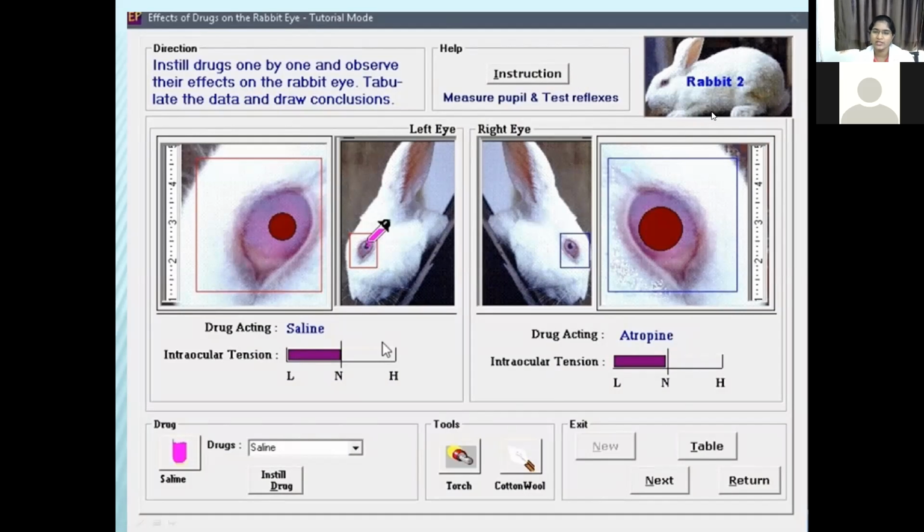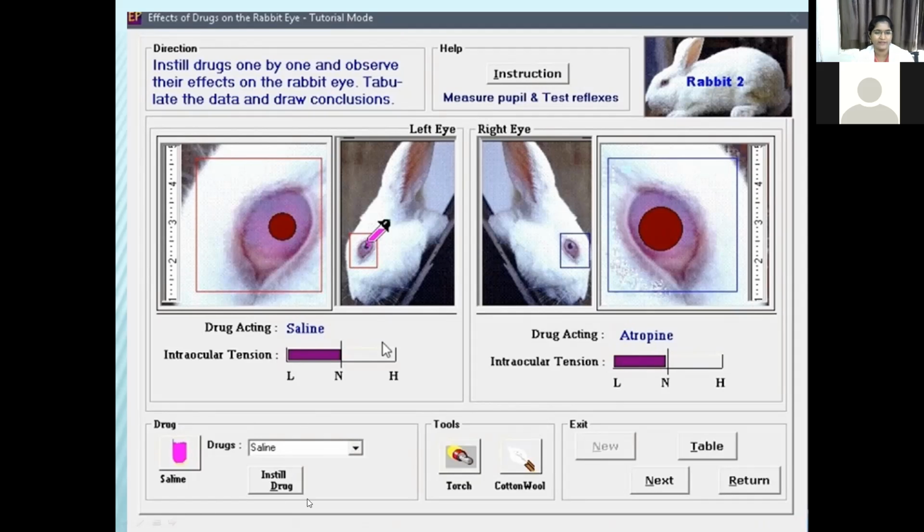If you change to another drug, you also have to take another rabbit. You can't do it in a single rabbit. So take the second rabbit, that is rabbit 2, click here, then you will go for drugs.